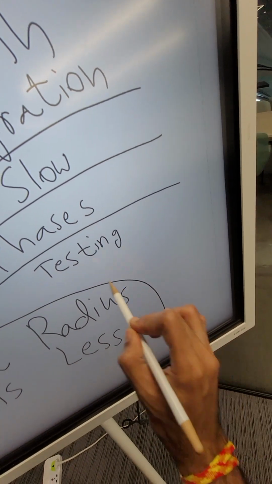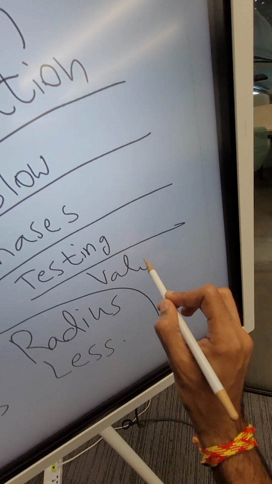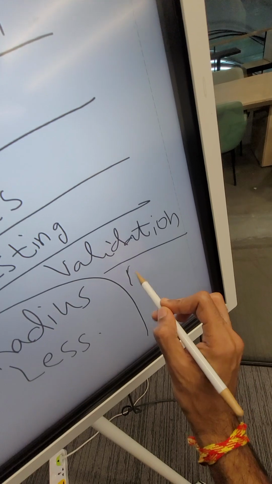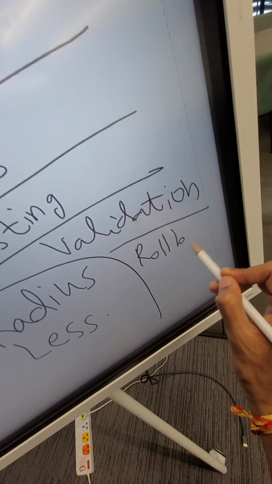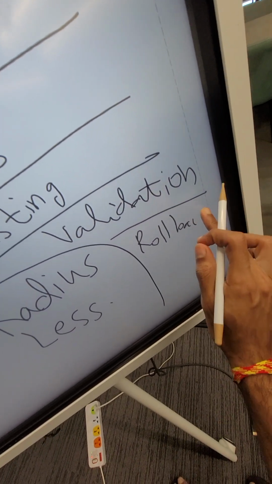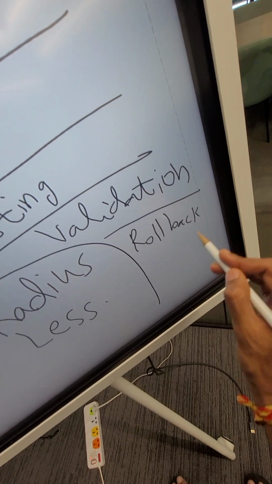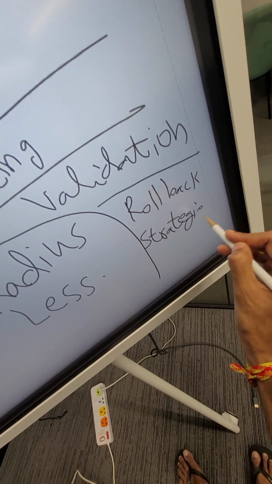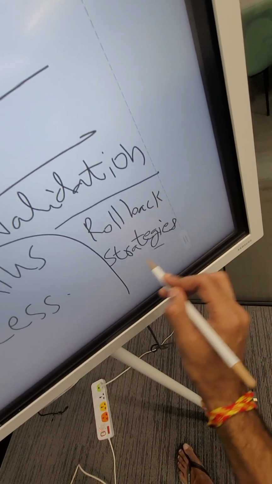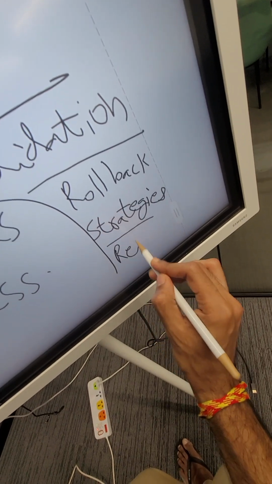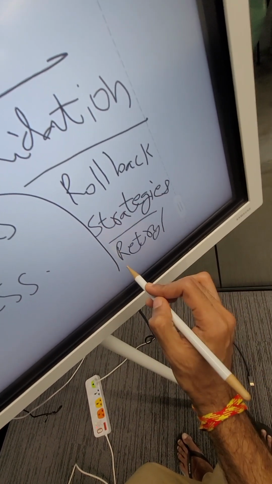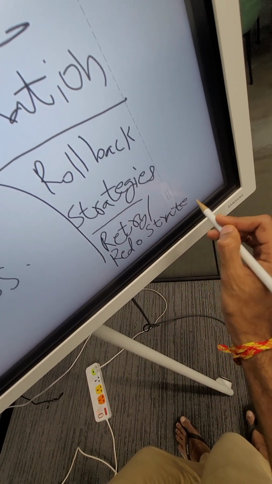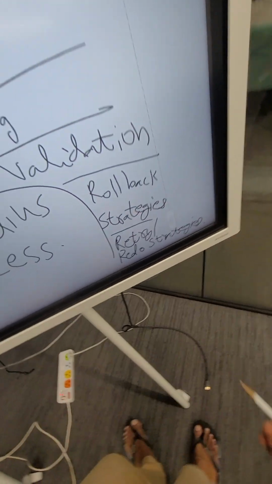Testing and validation is very important, it's key, and you should have rollback strategies, right? Rollback strategies and retry and redo strategies. So you should have those also.